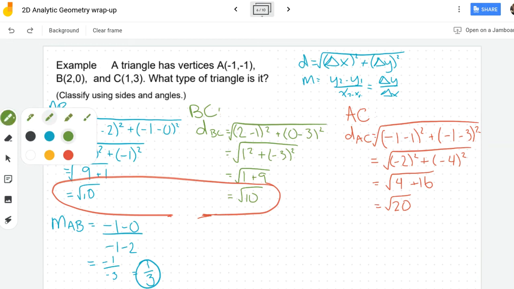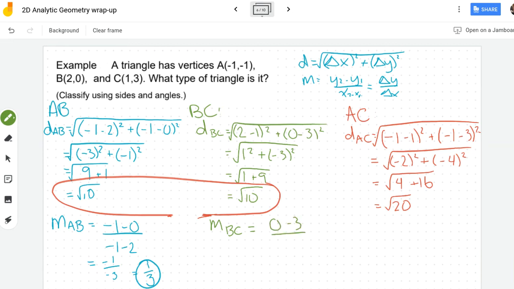Okay, the slope of side BC, 0 minus 3 over 2 minus 1, which will be -3 over 1, which is just -3. And these happen to be negative reciprocals of each other, which means that it is, in fact, a right triangle.